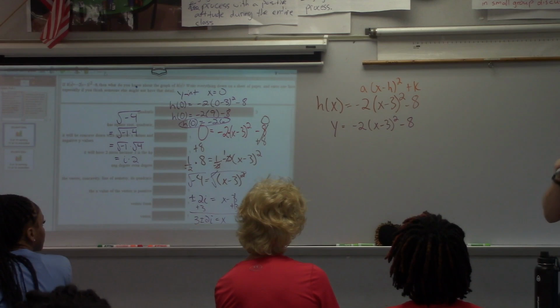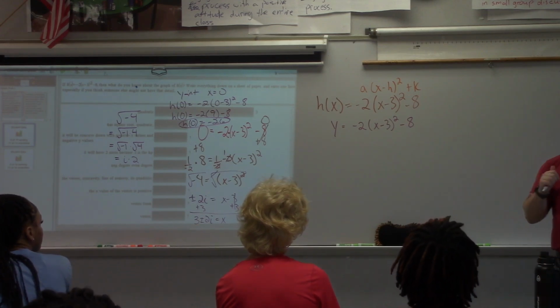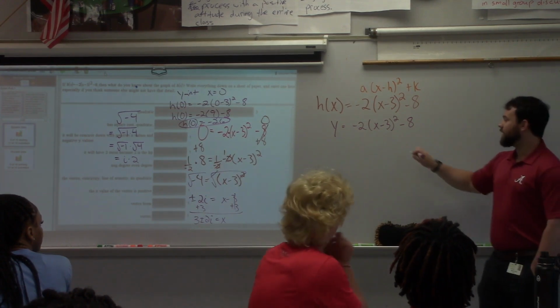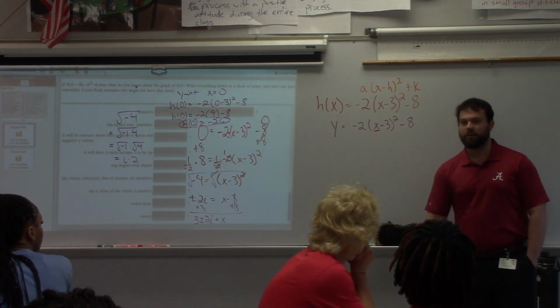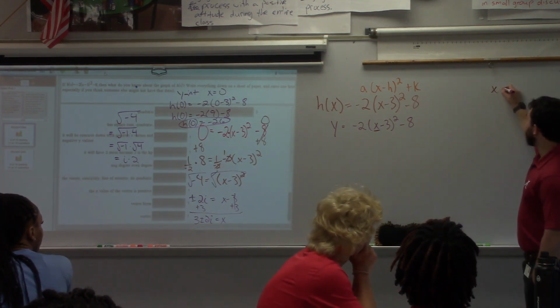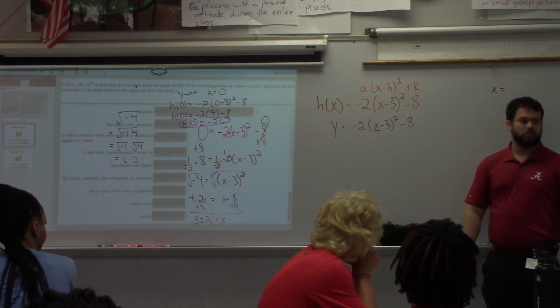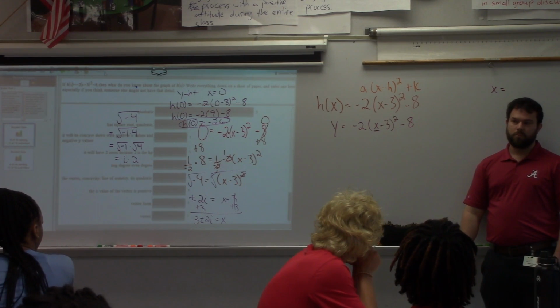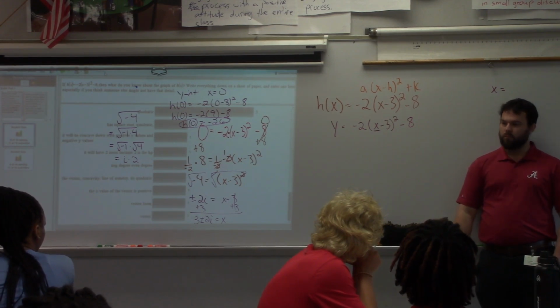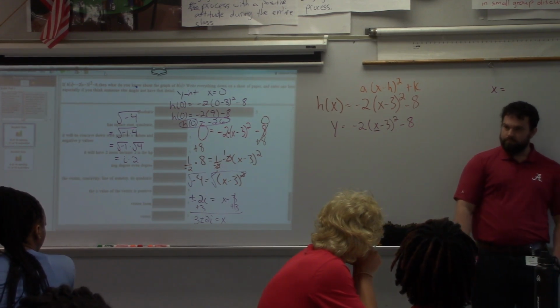So I need to use my inverses, right? If I am asking you to find the inverse equation, this input needs to become my output. So I need to undo all the stuff around it. So what am I going to do first? Plus 8.